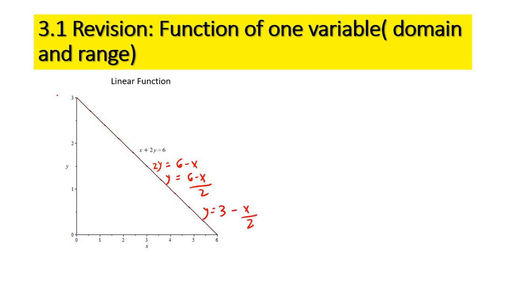The y-intercept is 3. The slope is negative half. This direction is a negative slope, okay. This one is a positive slope.